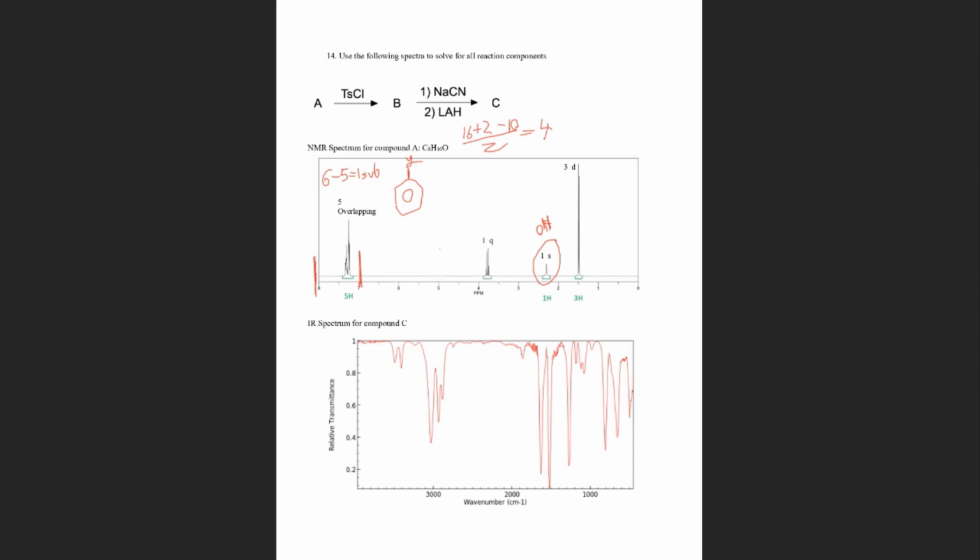So we could also reverse n plus 1. We could circle this and say that 3 hydrogens are next to, and then 2 minus 1 is 1 hydrogen.